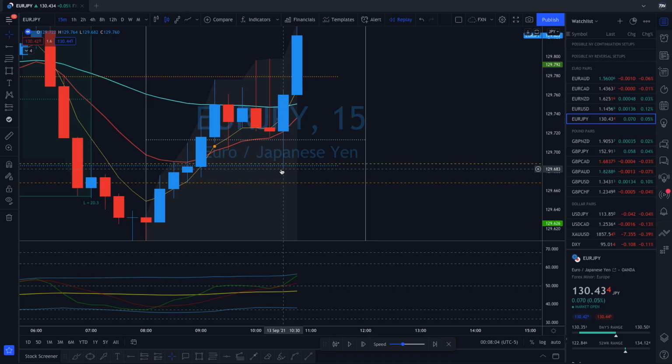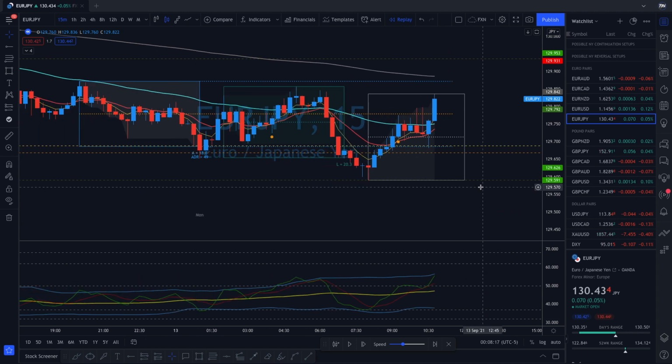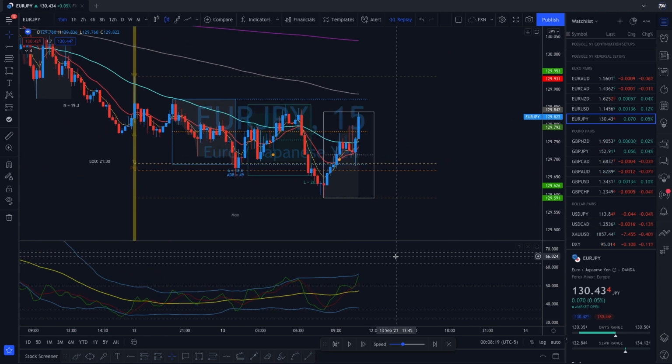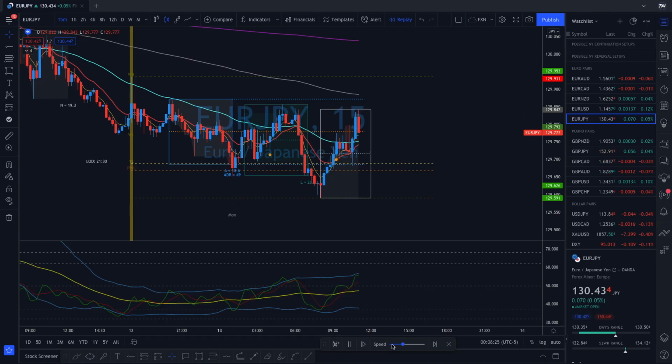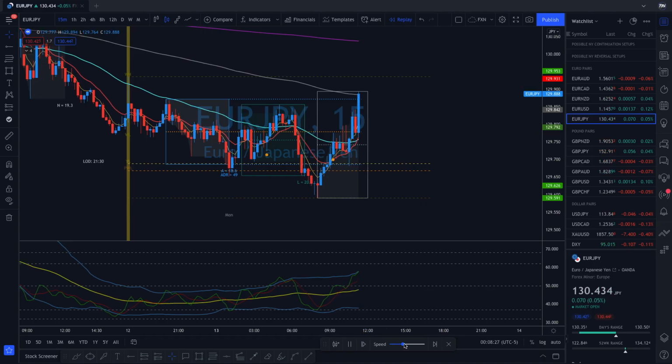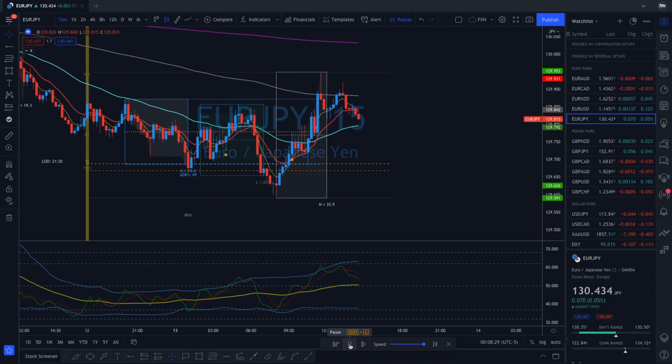It was solid red, and then boom, it popped up. So wait for that confirmation candle to fully close and the next candle to open before you actually enter the trade. Very, very important. Let's go over to the next day.